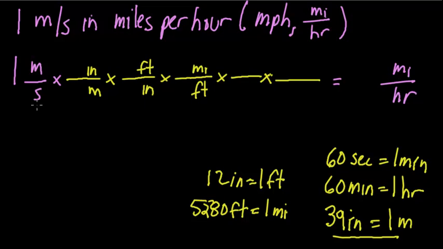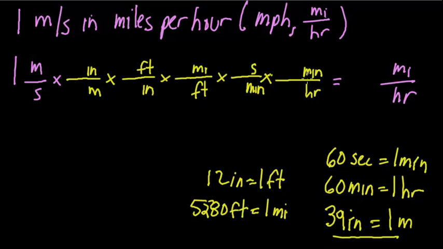Now I need to get rid of seconds on the bottom. And in order to get rid of seconds on the bottom, I need to put the seconds on the top. Seconds. And I have 60 seconds in 1 minute. So I'll put this as minute. And then I also have minute into hour. Notice the minutes on the top. I'm just doing the units.